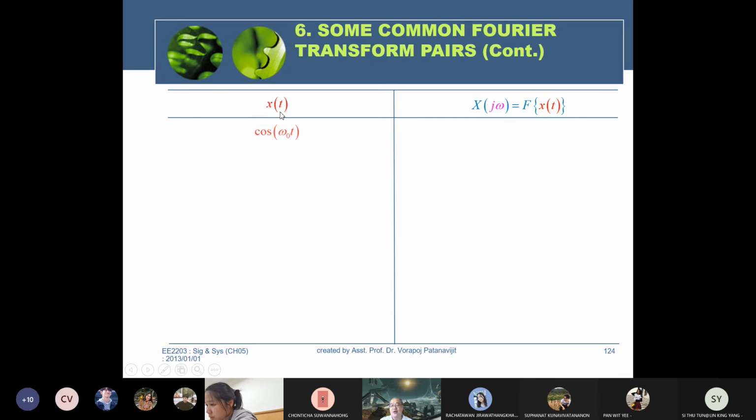Next, the Fourier transform of the cosine function that I showed you in the previous example gives you two impulse functions shifted by that frequency, one on the left-hand side and one on the right-hand side, shifted by omega naught. And don't forget to normalize by multiplying by pi. The sine is similar to the cosine except for two things.